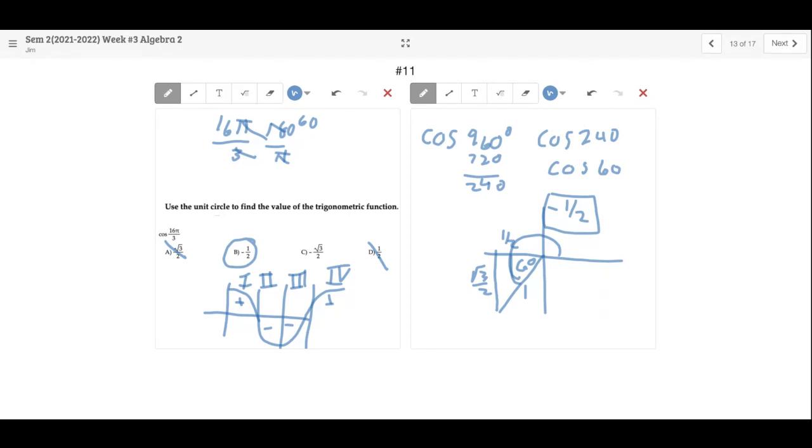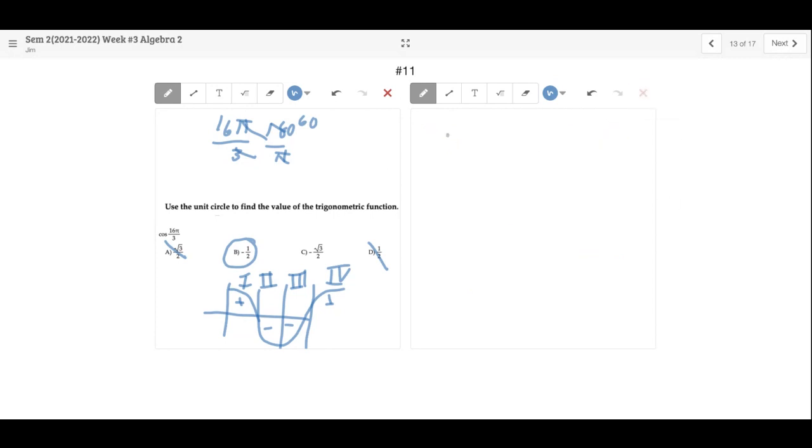If there are any triangles, they'll all be 45, 45, 90 degree triangles, or 30, 60, 90. Because let's say I asked you to find the sine of 225 degrees. What would you do? You'd graph it out.